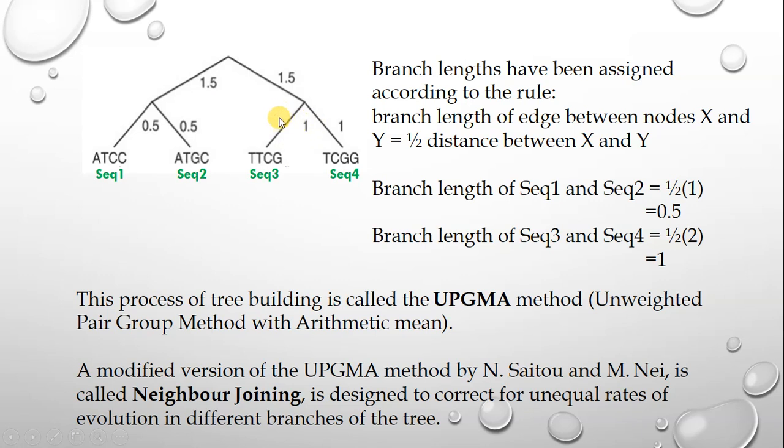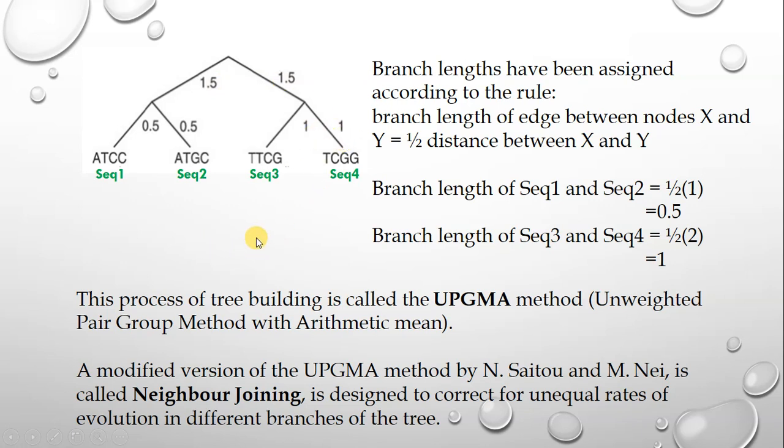Sum up all these distances and divide by 2, because we have 2 nodes. So this is 1, this is 1, this is 0.5 and this is 0.5. So sum up 1, 2 and 3. We have 2 nodes, 1 and 2. So divided by 2, the mean will be 1.5 for this one and 1.5 for this one.